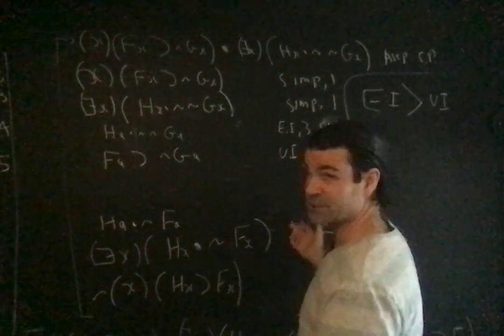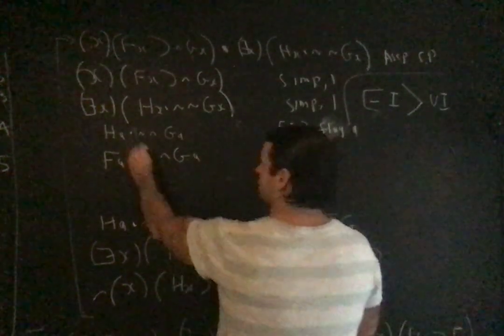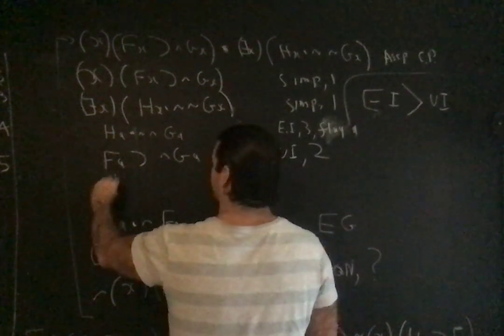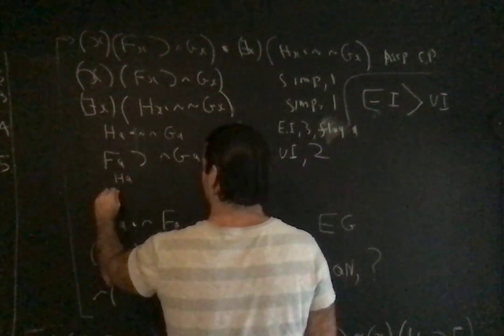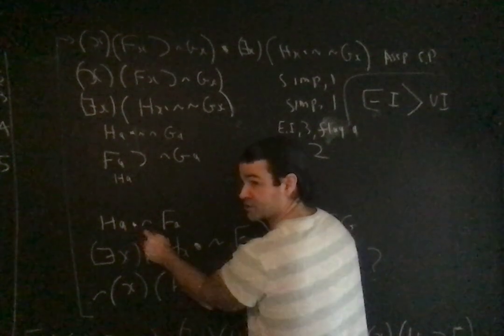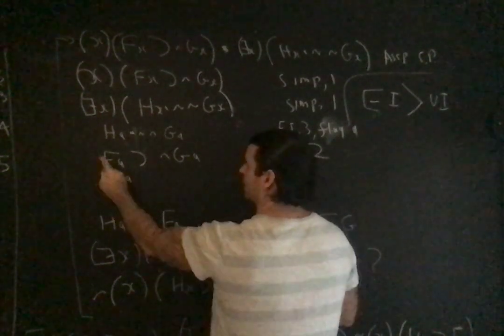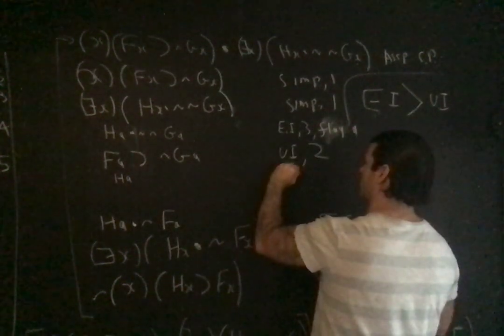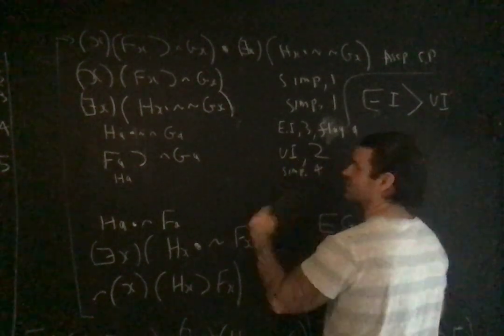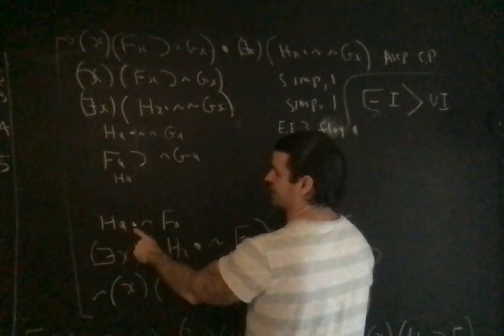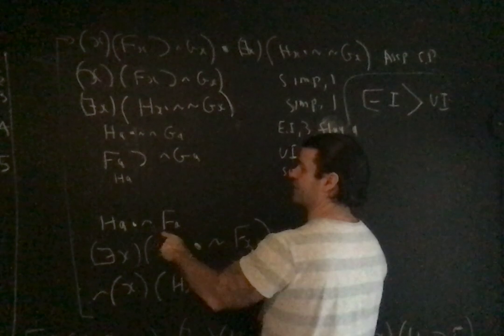Right, so now it's just some truth functional reasoning, pretty straightforward. You've got a conjunction, so HA. I'm going to get this by simp of 4, so this will be a bit cramped. I'm halfway home. Now I just need to get not FA.